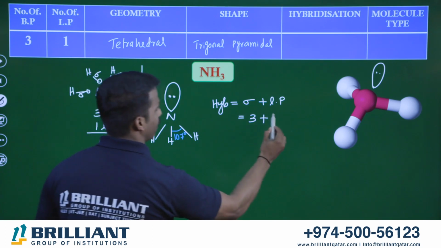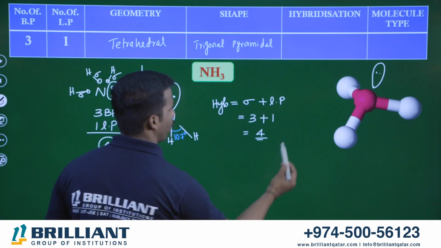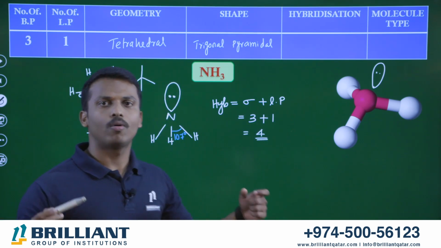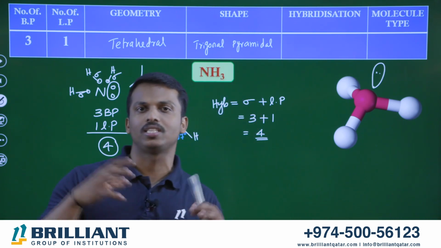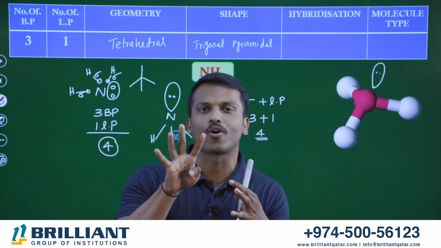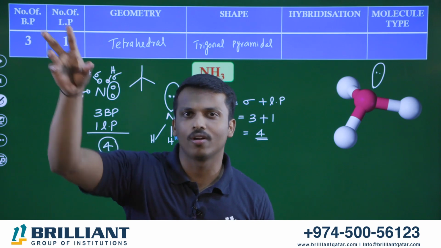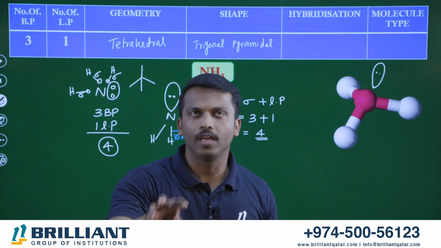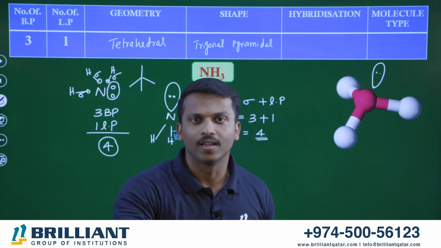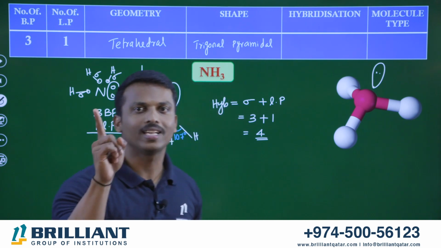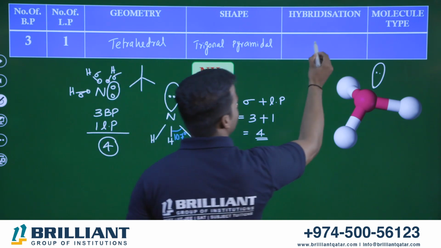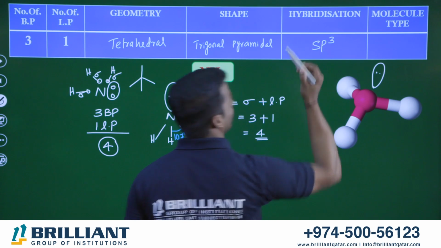Yes, 1 lone pair. So total is equal to 4. If your total sum is equal to 4, mix the first 4 orbitals: 1 s orbital and 3 p orbitals, total 4. So what is the hybridization? sp3.